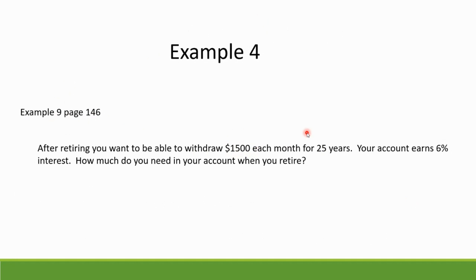So now basically we're saying we retire, and we want to be able to take out $1,500 each month, for 25 years. And let's say we know the account is earning 6% interest. The question is, how much do we need in our account in the beginning for this to happen?